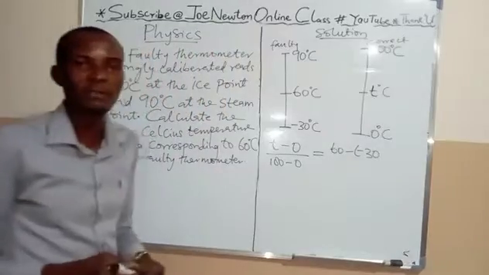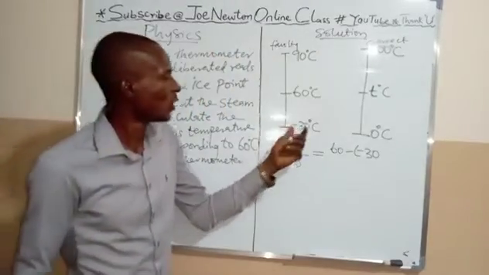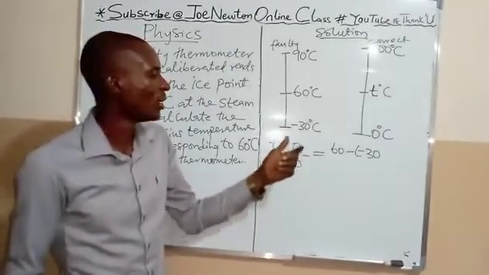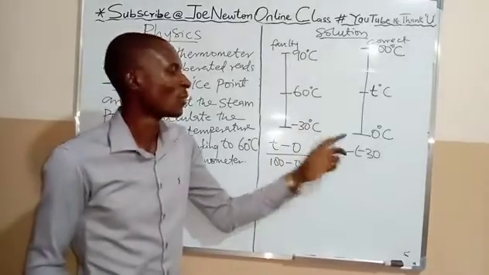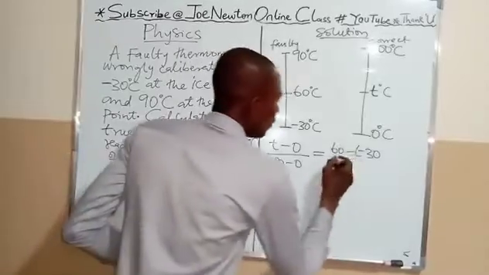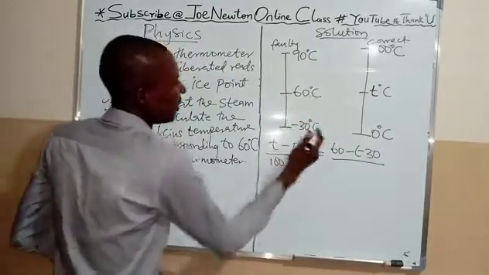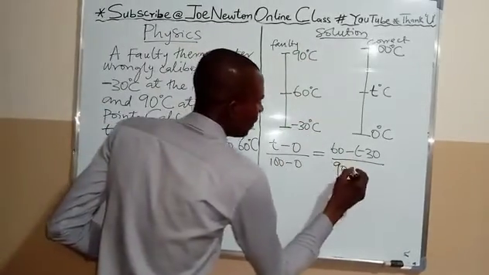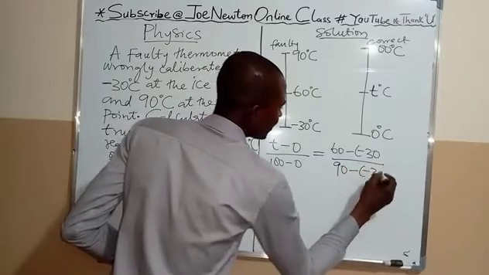This is where students make mistakes. They will mistakenly neglect this minus here and write only 30. You have to take care of this. Then all over 90 minus minus 30.